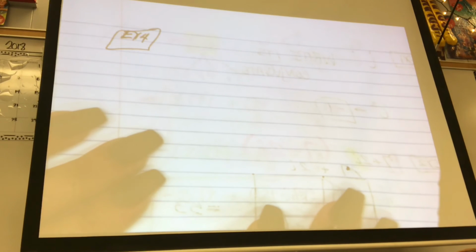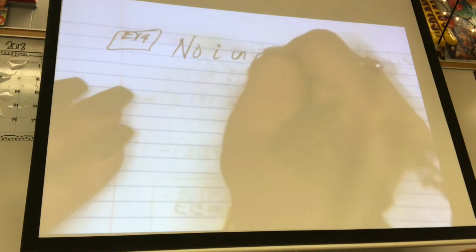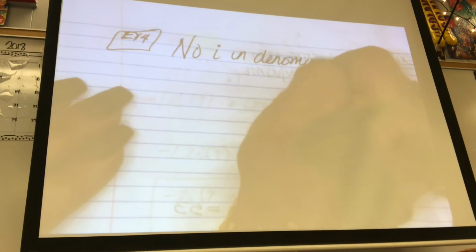If you have a denominator that's 0, that's illegal, and you cannot have a denominator that has an imaginary number either, okay? So you can never have an i in your denominator.